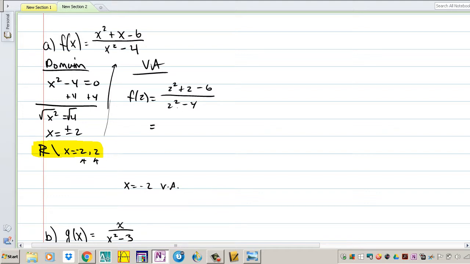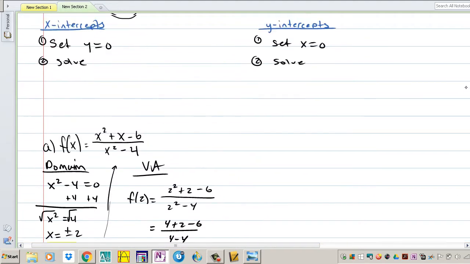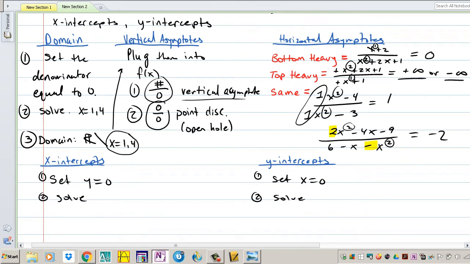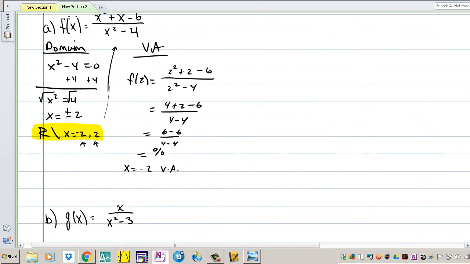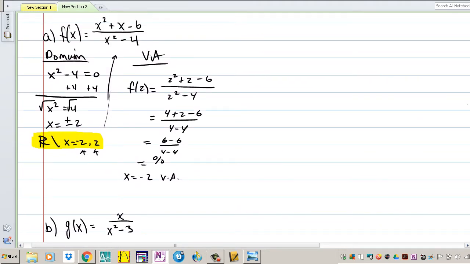That's 4 plus 2 minus 6 all over 4 minus 4, which is 0 over 0. And we said that 0 over 0 is a point discontinuity, not a vertical asymptote. So your only vertical asymptote for letter A is x equals negative 2.